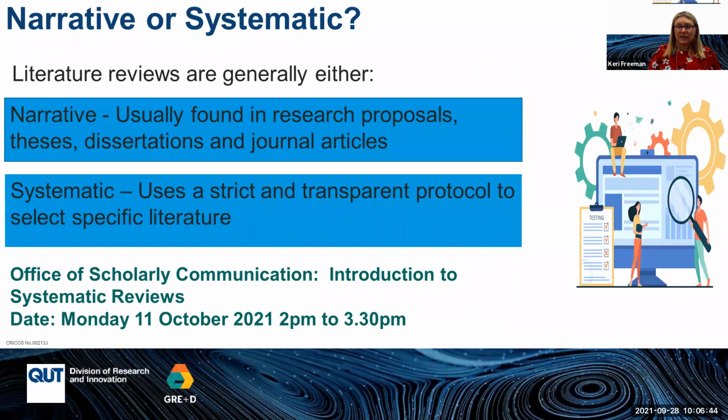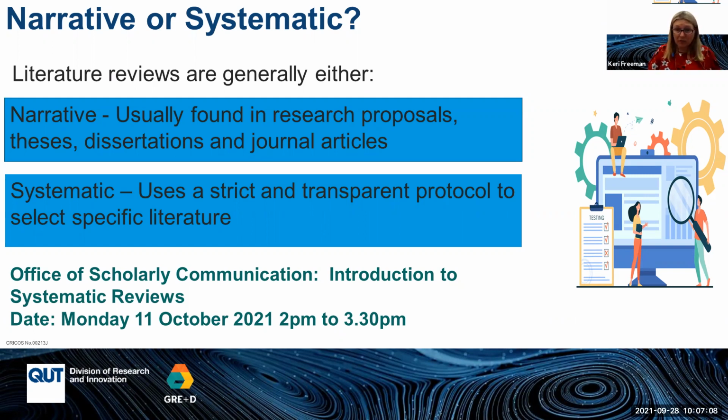Now, as we just said, different people in different fields of study have different ways of approaching a literature review. A lot of the time it is the narrative in a thesis or in a journal article, but you might be asked by your supervisor, or you might decide to do a systematic literature review, which is fine.